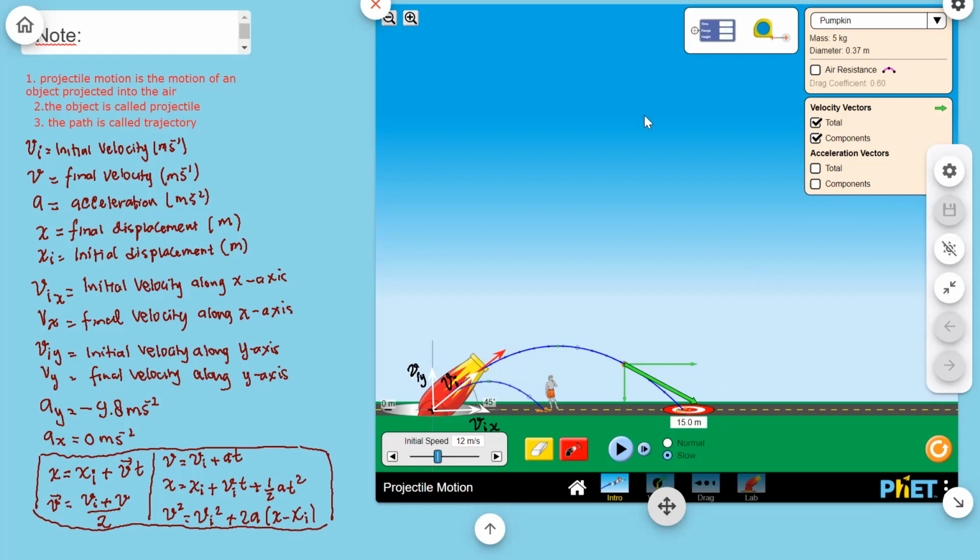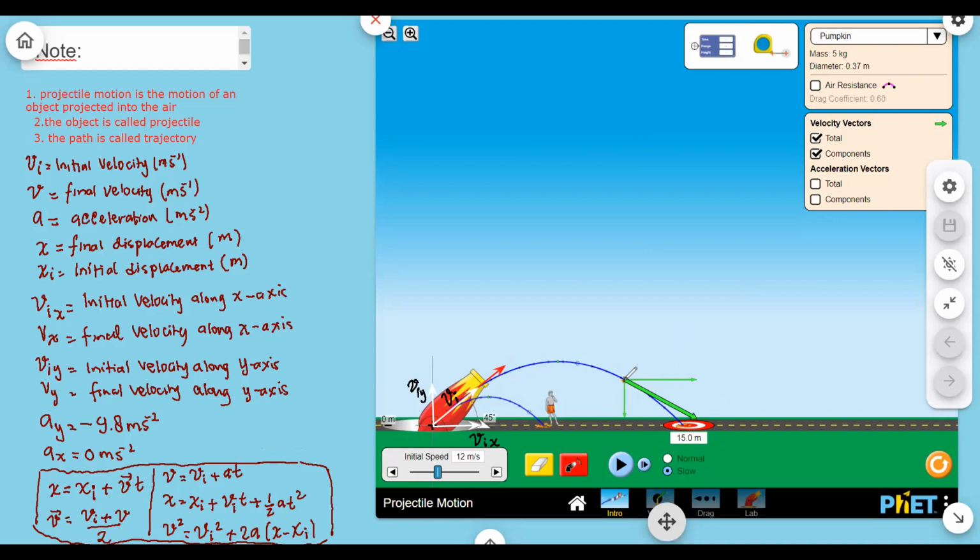So now, we also can see from the demonstration that if we stop the projectile at t seconds, we can see the final velocity and its components in this demonstration. Let's say, if we stop the projectile at this point, for example, the time taken at this point is t seconds.